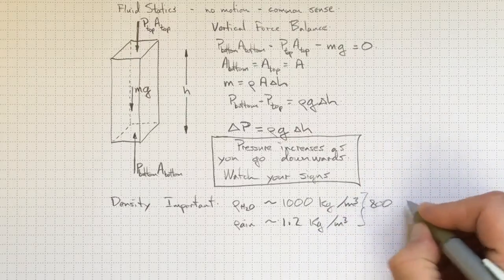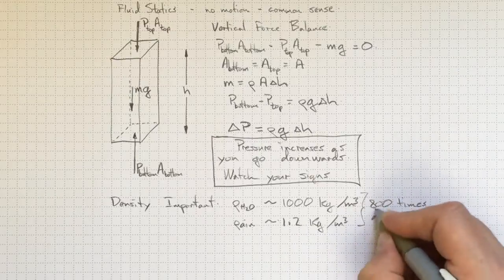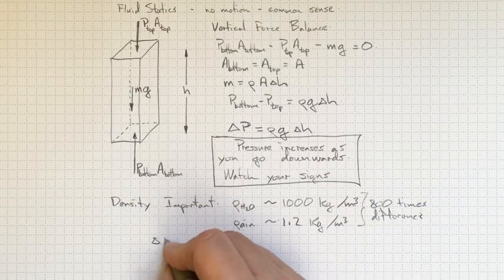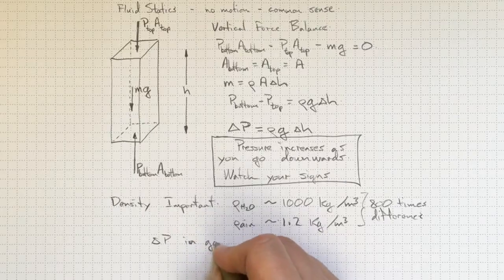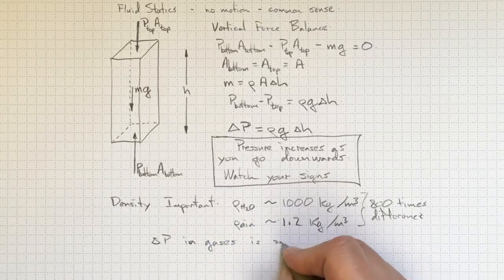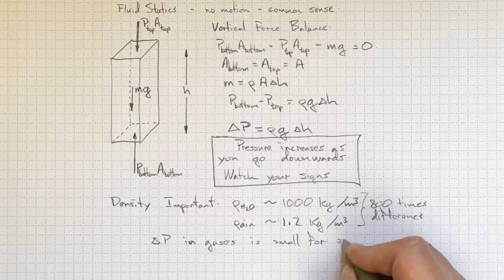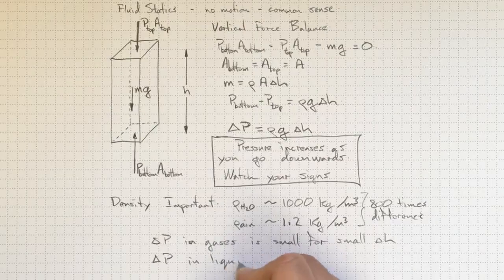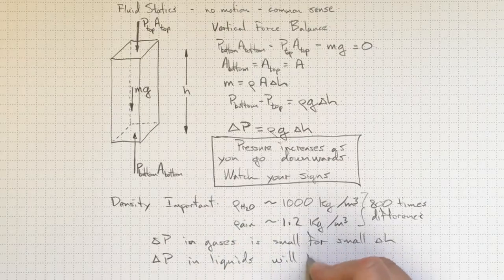So that's about an 800 times difference. And because of that 800 times difference, you'll see that delta P in gases may be small for small elevation changes, while delta P in liquids will be much larger.